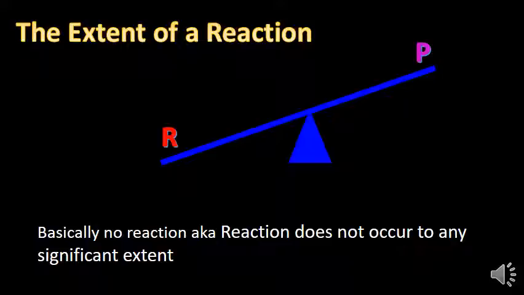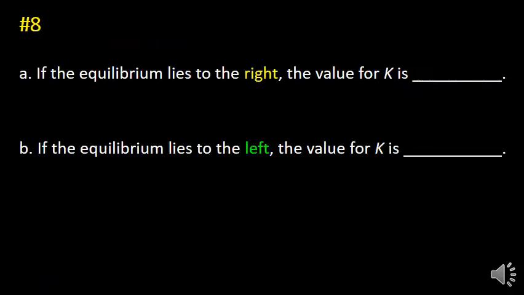Now, what if K was equal to 1? Equilibrium positions could be any place, but the balance part would be right. It means your concentration of reactants and products would be equal.